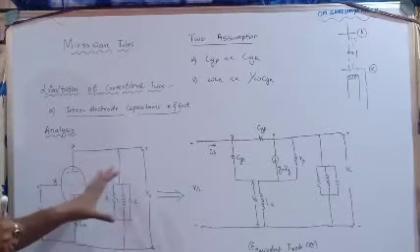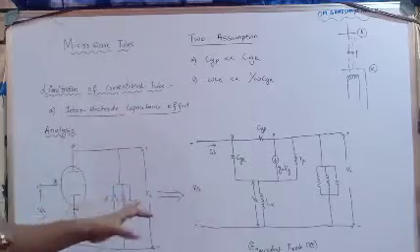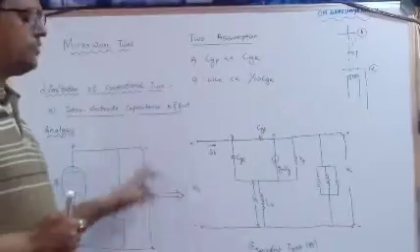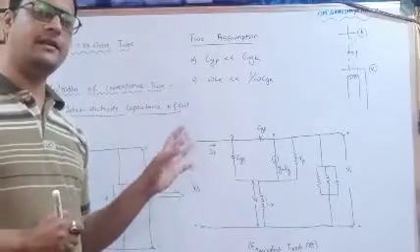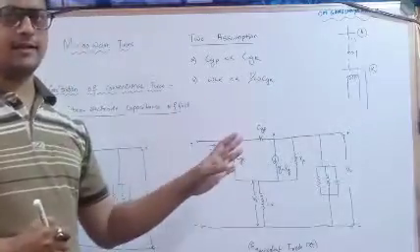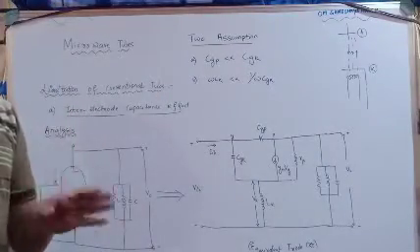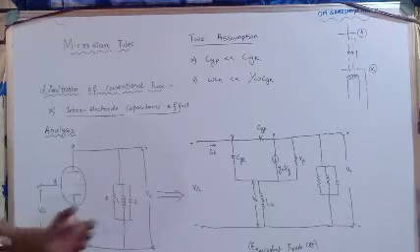Then I have used a parallel resonating circuit, because it will act as a resonator, so the load must be there. So I have considered an RLC circuit. And then we need to identify the output potential. If the output potential is high with respect to the input, then we will say it is an amplifier. Now how are we going to identify the amplification?